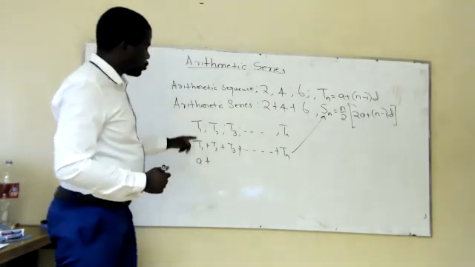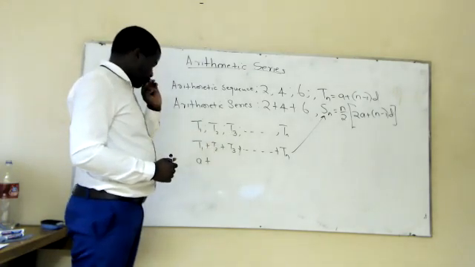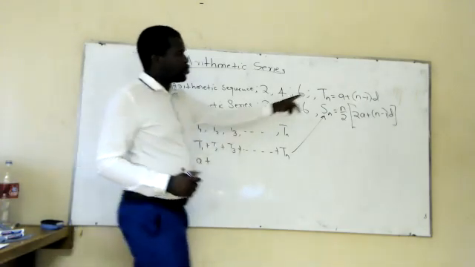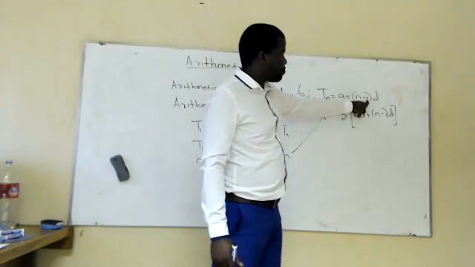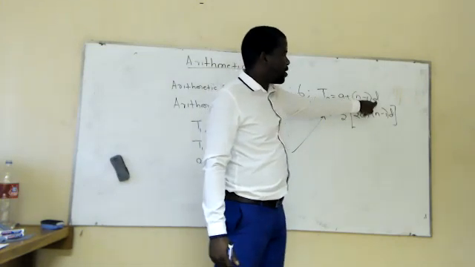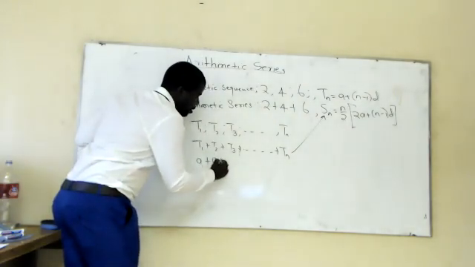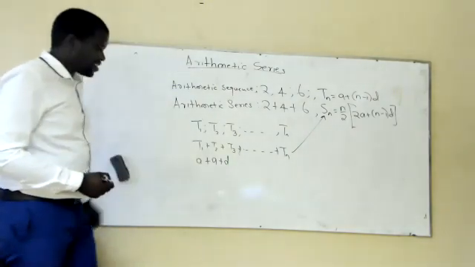Okay, let me do T2. You will try T3. So for T2, where we have N, we want to replace by 2. And you will have 2 minus 1, which gives you 1. 1 times D is D. Therefore, for T2, you can replace by A plus 1D, which is A plus D. That is term number 2.